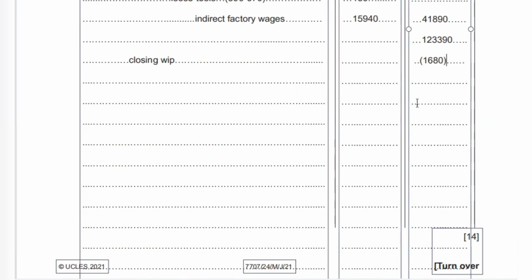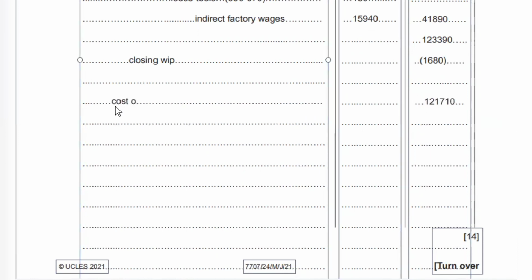It will give us 121,710. That is the cost of production or cost of manufacturing.